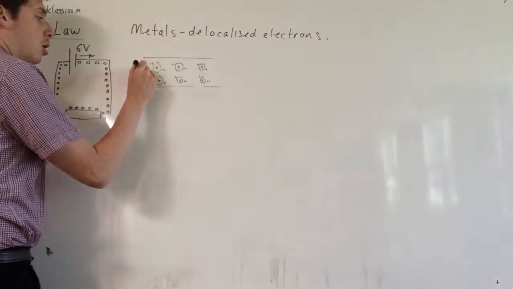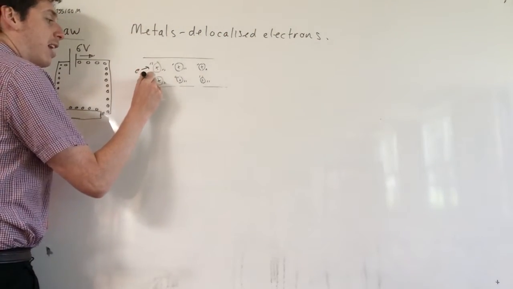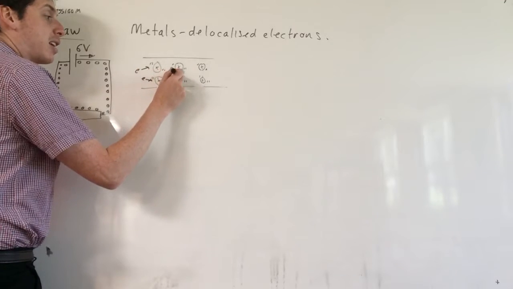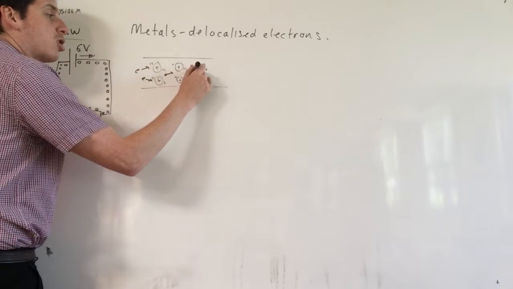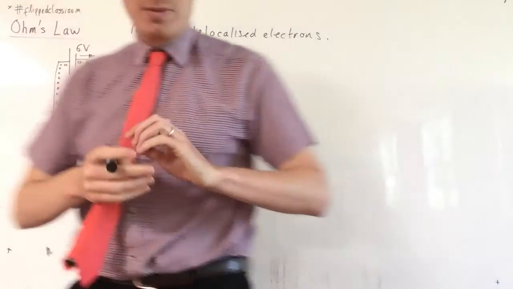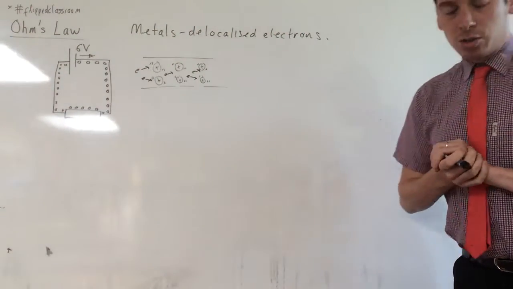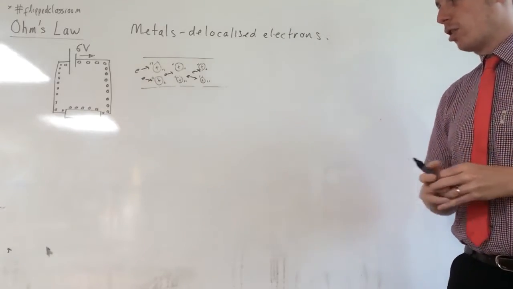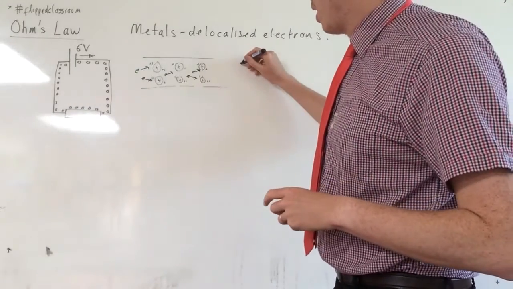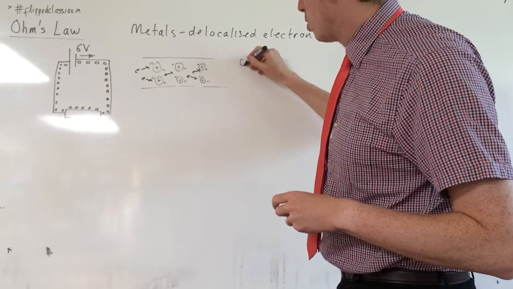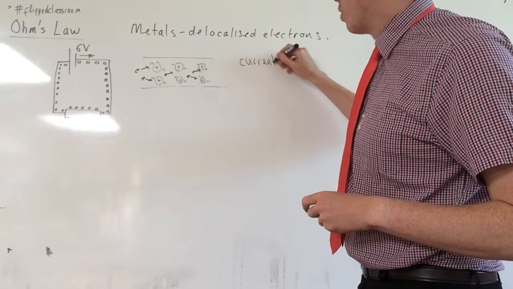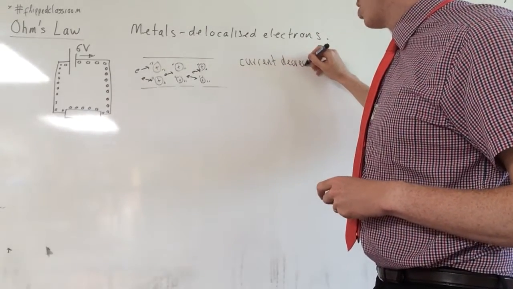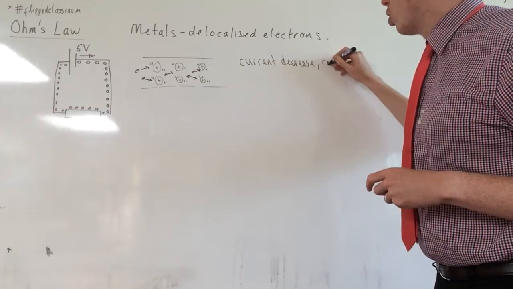So you have less current getting through per second because there are more collisions with these positive ions in the metal. Because you've got more collisions with the positive ions in the metal, we say that the resistance has gone up. If we have decreased current, that means that the resistance has gone up.